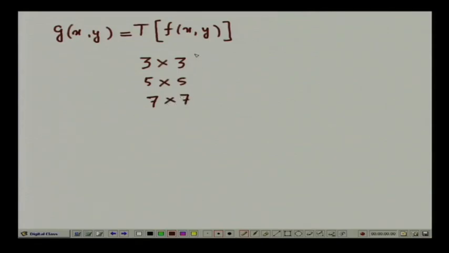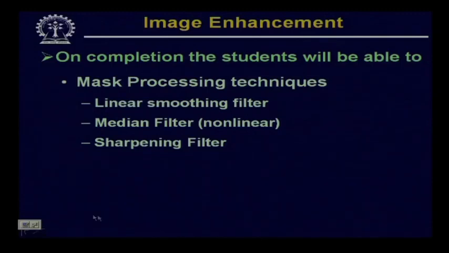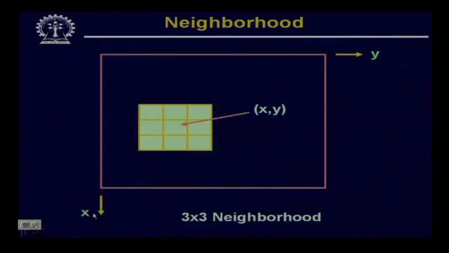If we consider a neighborhood of size more than 1, then the kind of operation that we are going to have is known as mask processing operation. So, let us see what this mask processing operation actually means.